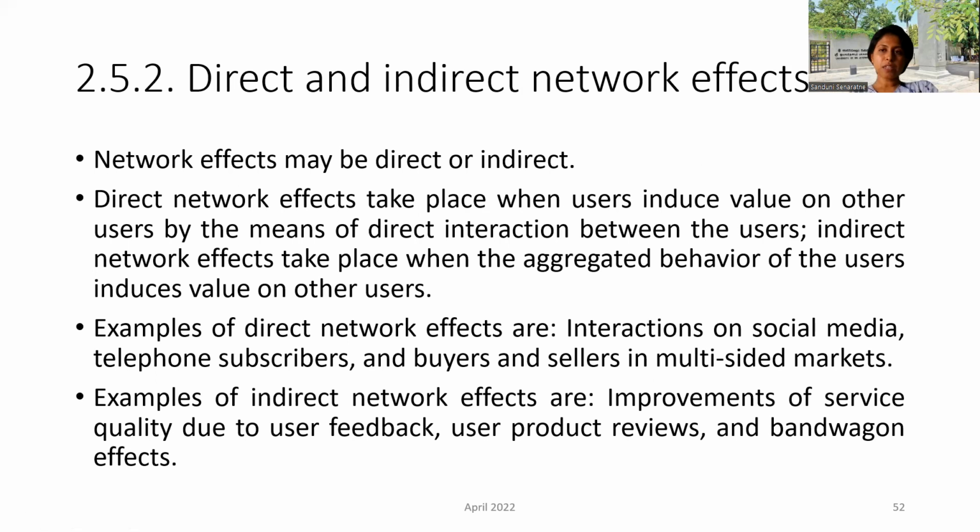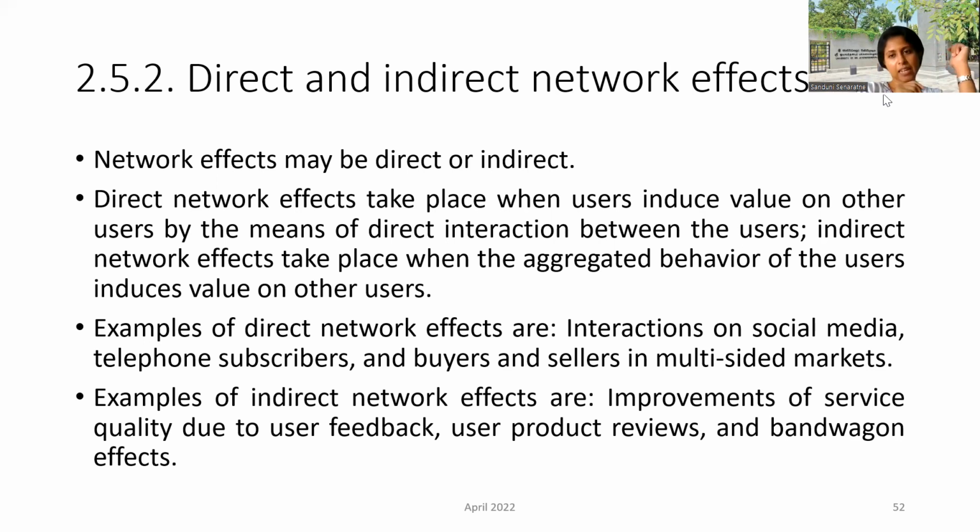Then also we talk about a concept called direct and indirect network effects, right? Under direct and indirect network effects, what we have to understand is that direct network effect takes place when users impose or induce some sort of value on other users in the network by means of direct interaction between the users.